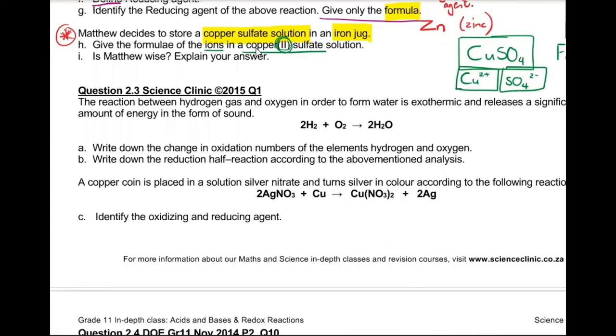So if you look at that SEP table, you must identify where you've got iron and where you've got copper. And in that, you'll see on the memo, they say, no, he isn't smart because Fe is a stronger reducing agent. Is he smart? No, because Fe, iron, is a stronger reducing agent.